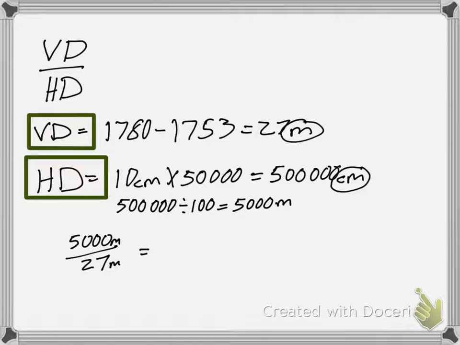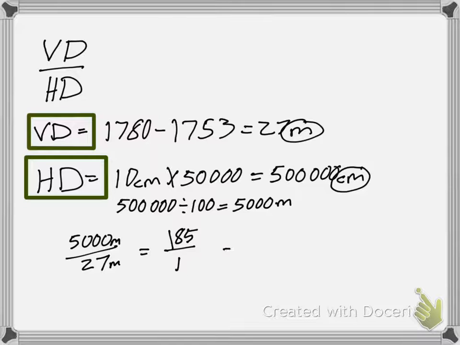We want something over 1, so we're going to divide by 27 at the bottom to get a 1 there. And we are going to say 5,000 divided by 27 equals 185.